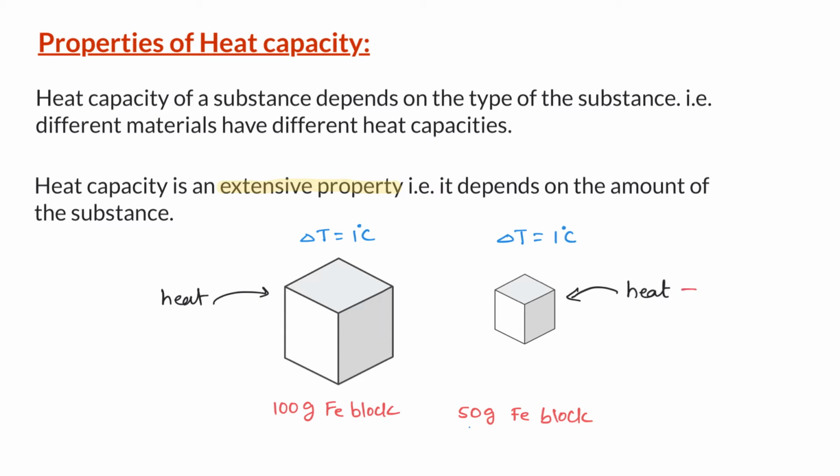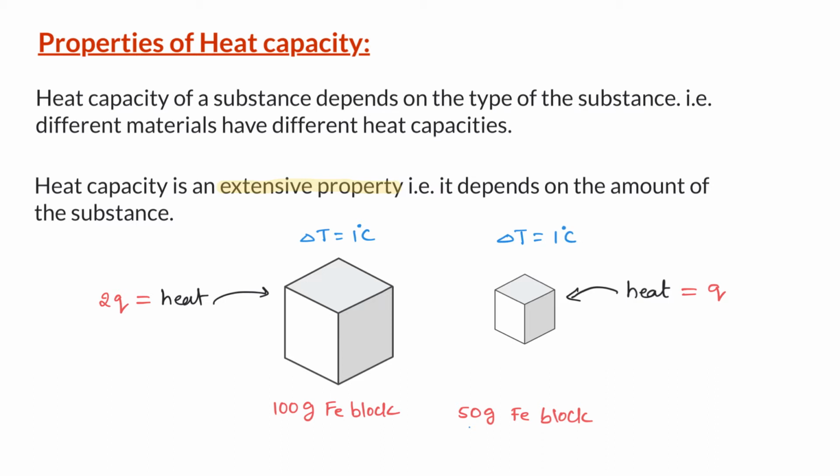If Q is the amount of heat required for the 50-gram block to increase its temperature by 1 degree Celsius, then it takes 2Q amount of heat for the 100-gram block to increase its temperature by 1 degree Celsius. Therefore, we can say the heat capacity depends on the type of substance and the amount of substance.